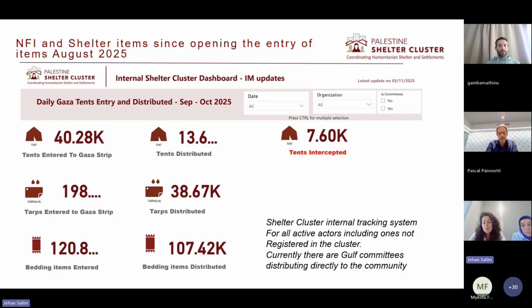Intercepted is also one of the challenges, because due to high needs in Gaza, trucks are being looted on the way as soon as they enter, so there's no tracking of them, and usually these go to the market for resale. This is just to show the current number of tents entering.